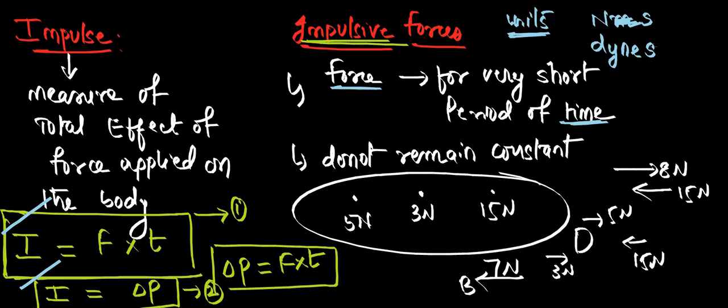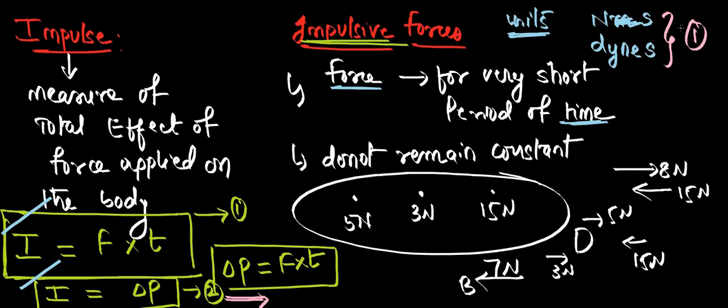And remember one more thing: if you take the second formula, impulse is nothing but change in momentum. So according to this formula, can I say that impulse units and momentum units will both be the same? Yes, ma'am. These units are according to the first formula: F into T, newton second, dyne second. According to the second formula, impulse and momentum are the same, change in momentum is impulse. So impulse units and momentum units will also be the same.